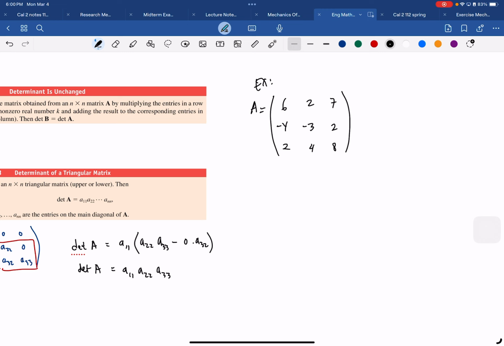Okay, let's say we are going to find the determinant. You could try the original way, the default way to find the determinant, or we could go for row operations.